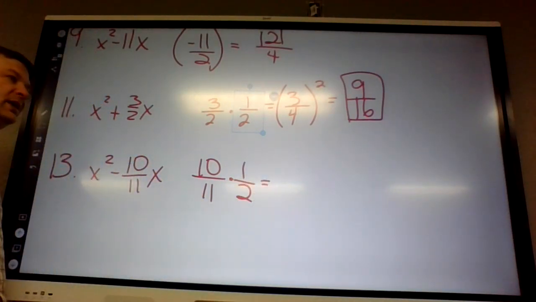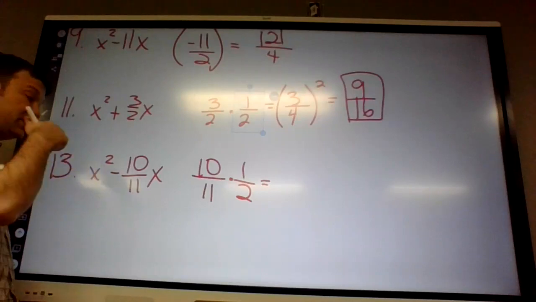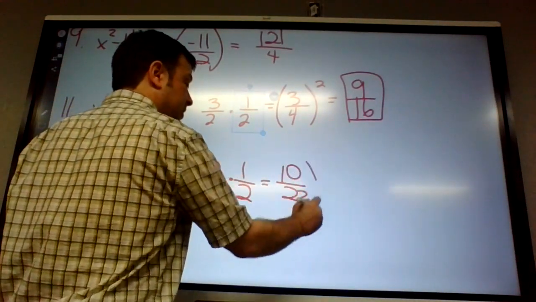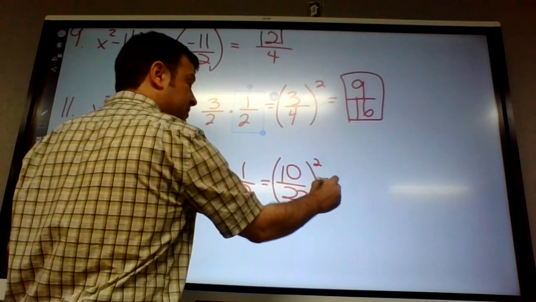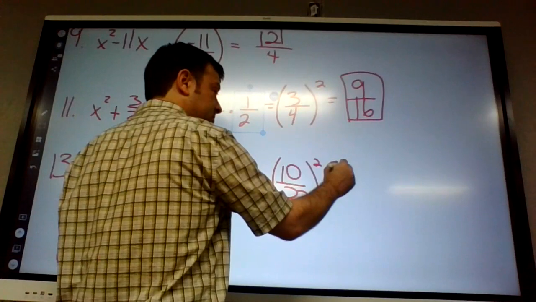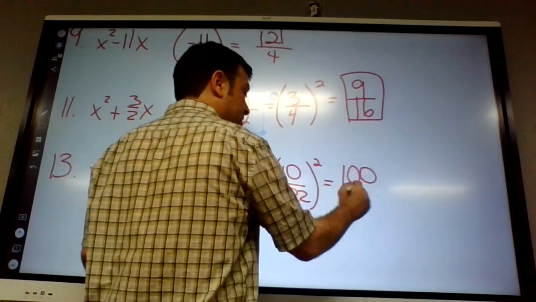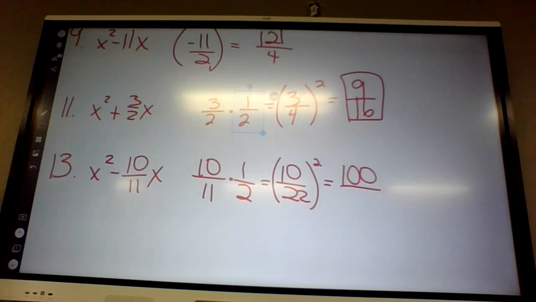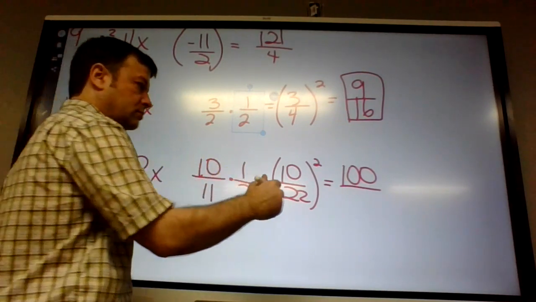No, when you square a negative, it becomes positive. So what would that be? 10 over 22. Okay, we might need a calculator now. 10 squared, you guys know that one, right? 100. 22 squared is like 44 plus 440, so 484.